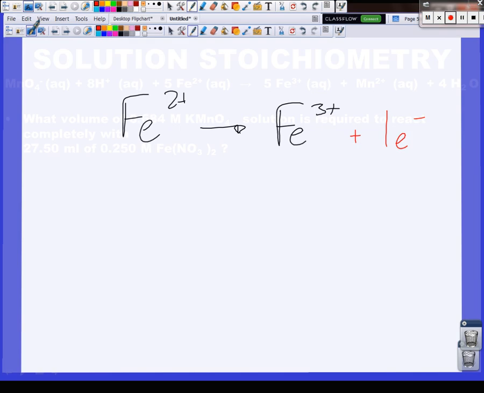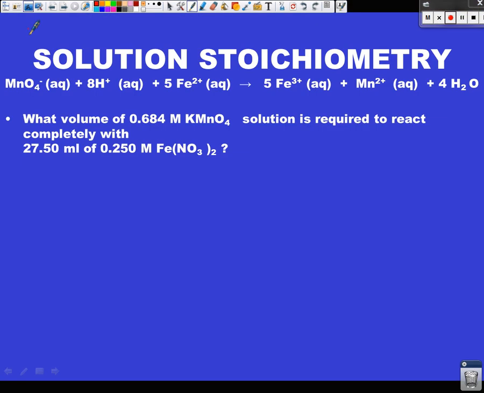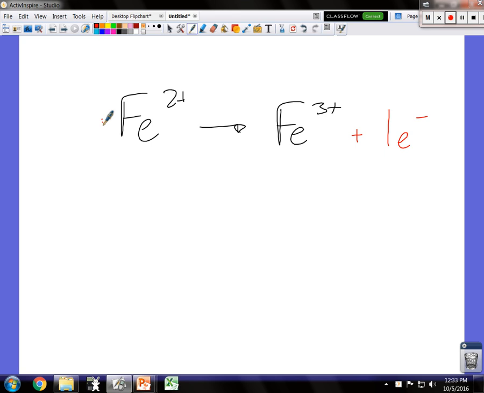We go back and look at this. What did your irons have in front of them now? What's the only way that it could have gotten a 5 in front of it? Because you multiplied that by 5. So your N value would have been 5 in that case. Does that make sense?